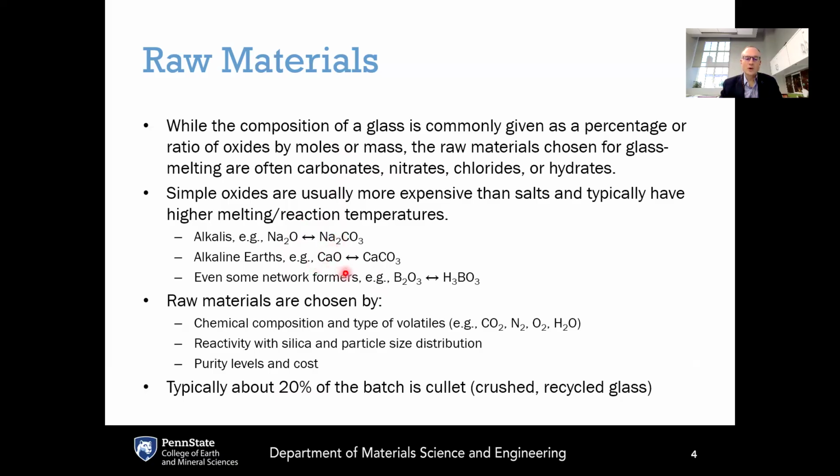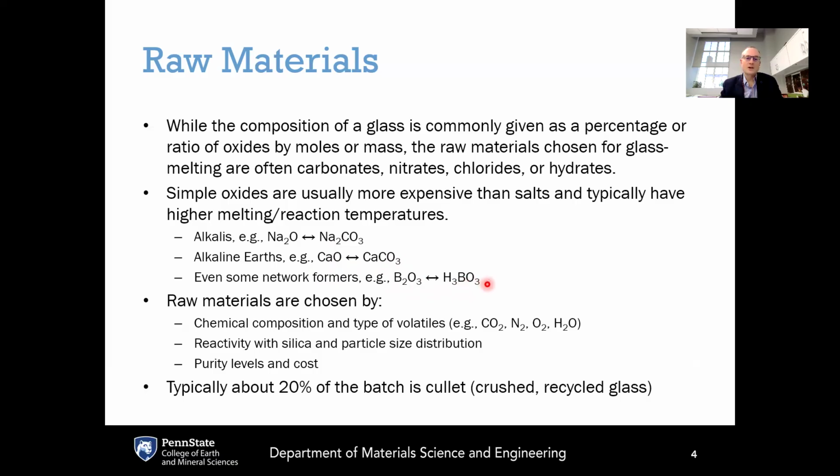Likewise, quicklime or calcium oxide is more often batched as limestone or just lime, which is calcium carbonate, because that is more abundantly available. Even some network formers too, like B2O3, is much less expensive to batch as boric acid, which is H3BO3.